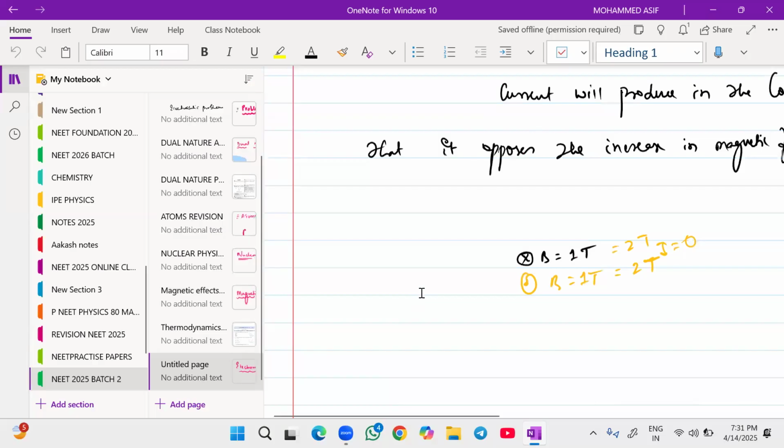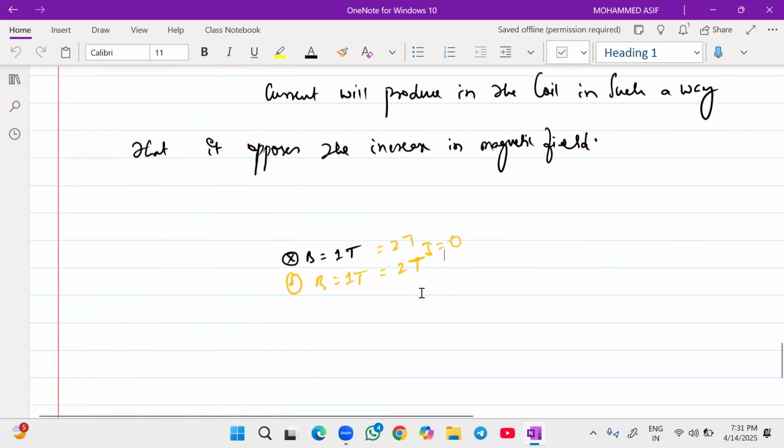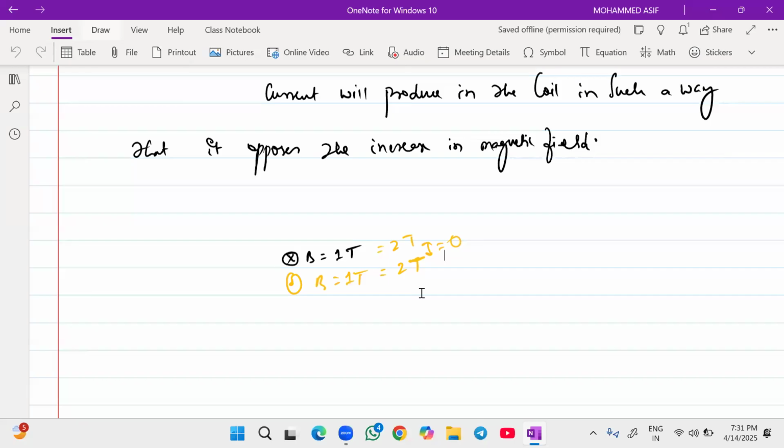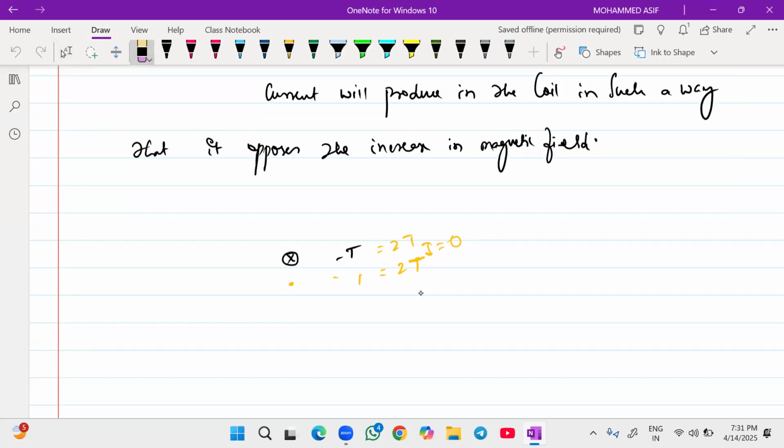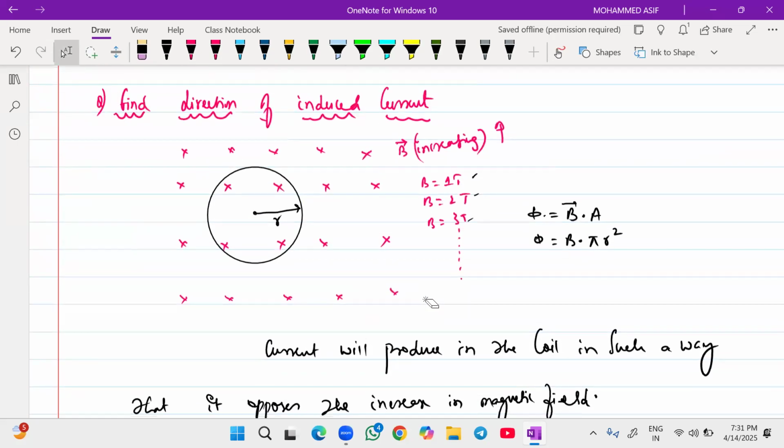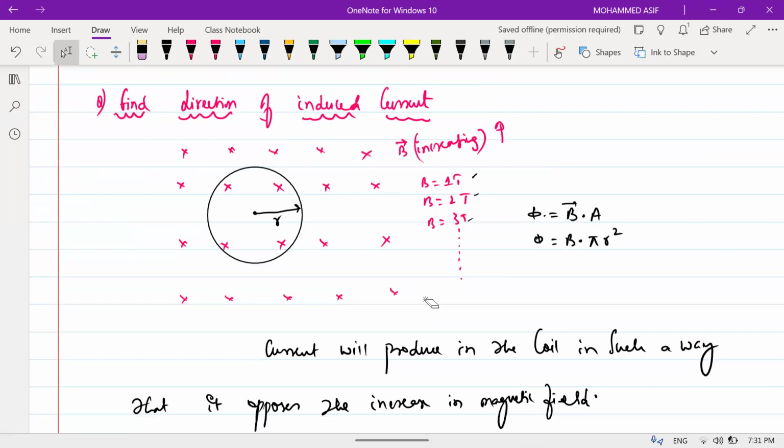Now see here. Magnetic field inward is increasing. I should not see that magnetic field inward is increasing. So in what direction should I make the current flow? Anti-clockwise direction.